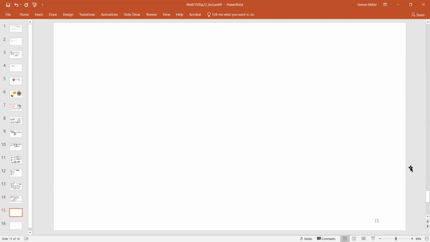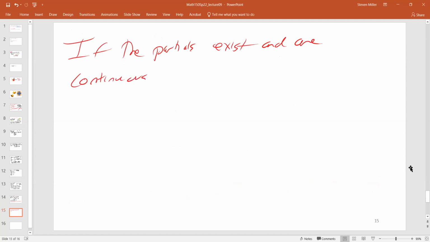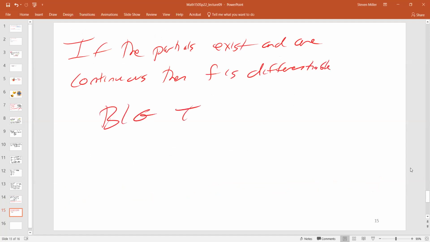So if the partials exist and are continuous, then f is differentiable. This is one of the big theorems.